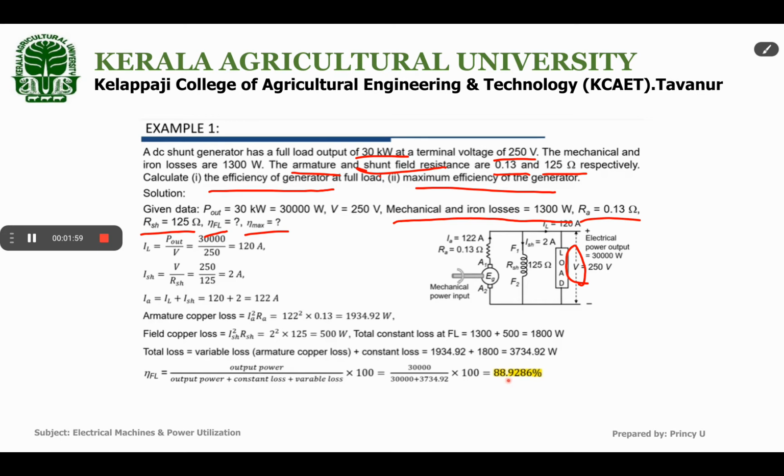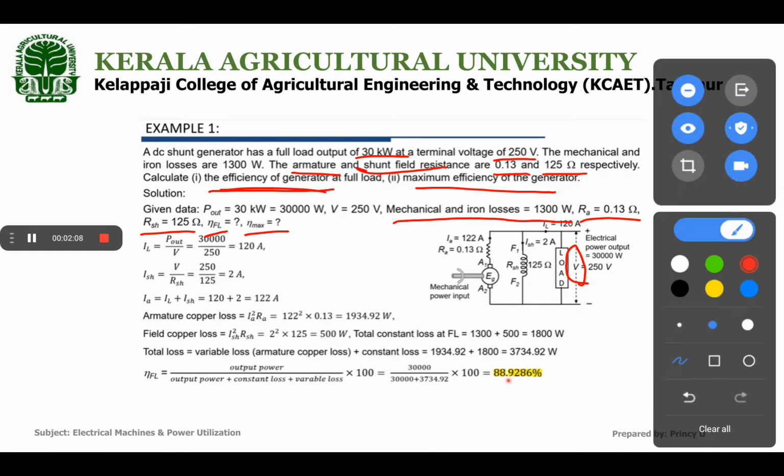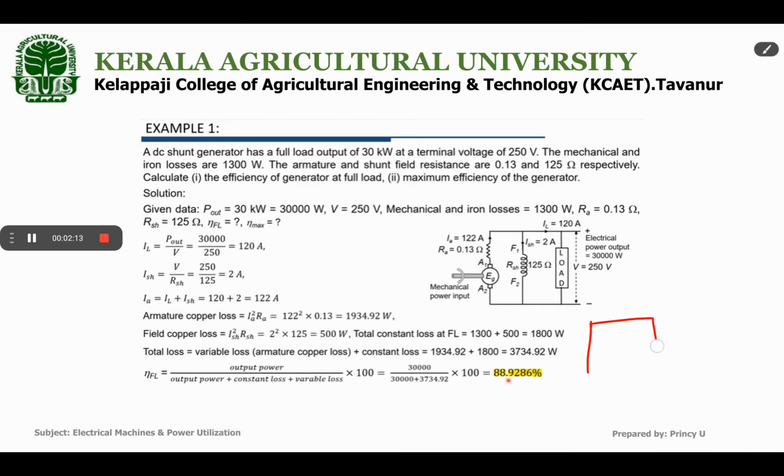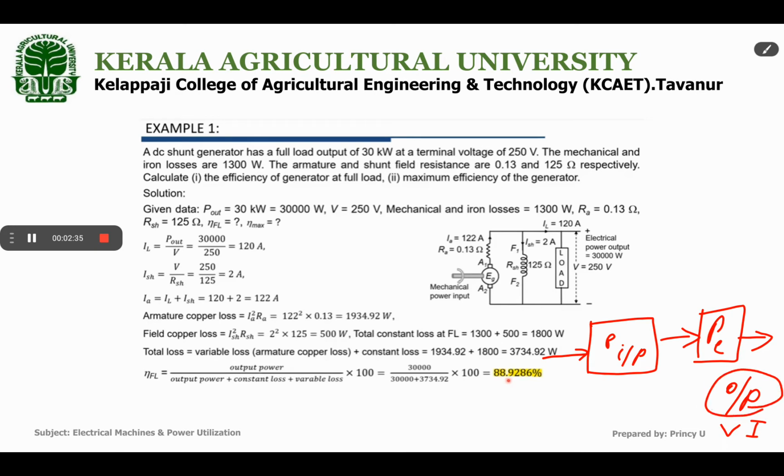To get efficiency we have to know the output, which is given. In the power stages we have studied, first is the prime mover input, then it is converted to electrical power, then to the terminal output VI. There are some losses in these two stages.